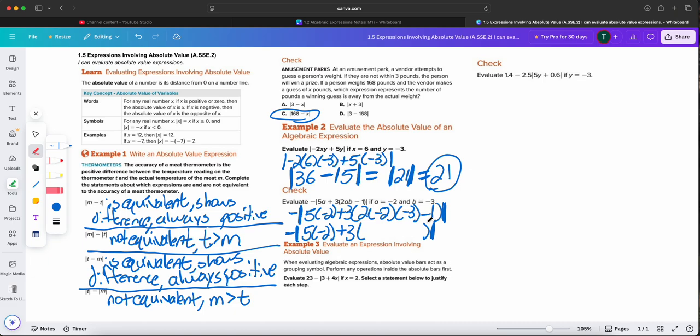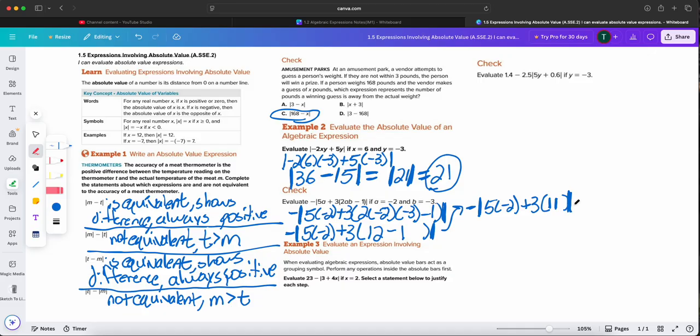So we have 2 times the negative 2, which is negative 4, times the negative 3, which is going to be a positive 12. So now we have 12 minus 1. So over here, I'll continue solving it. So we have 5 times the negative 2 plus 3. If I take 12 minus 1, these parentheses now become an 11.